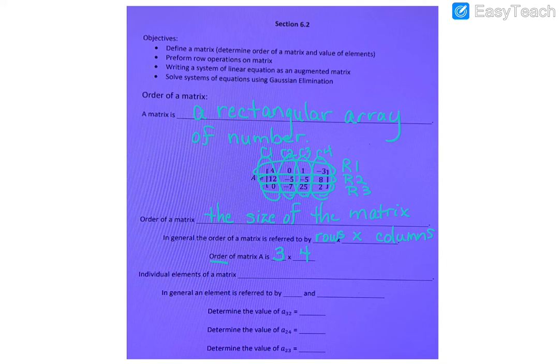Now, when we're talking about the individual elements of a matrix, we're talking about the specific numbers in a certain row and column.